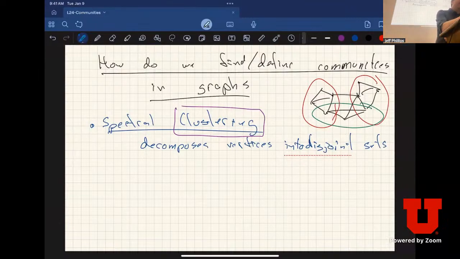So there might be three communities here, 1, 2, and 3, and they are overlapping.